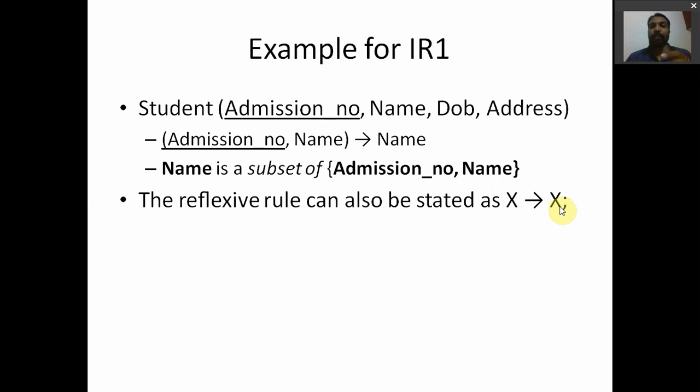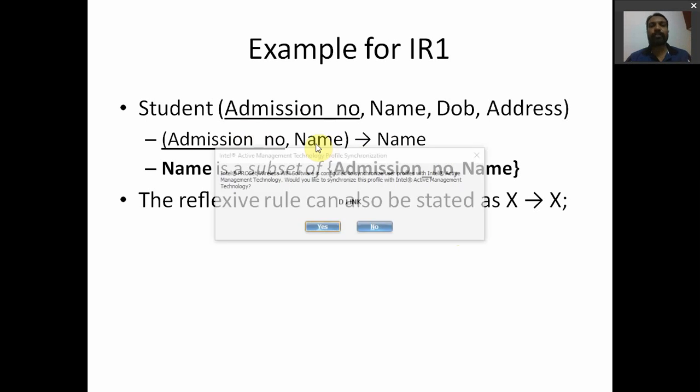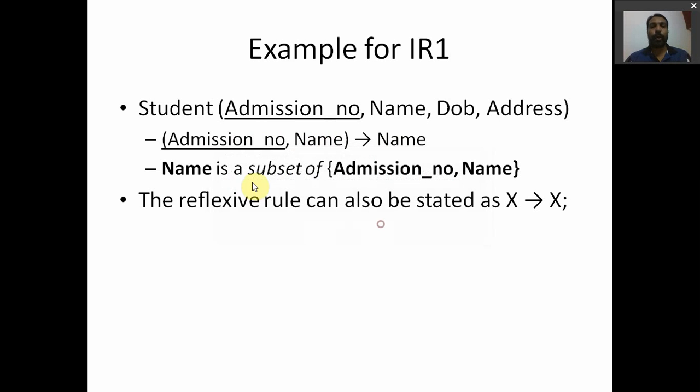That is, a particular attribute or a particular set of attributes functionally determines itself. That is, admission number functionally determines admission number. So this is known as the reflexive rule. Here, name is a subset of this, so this functional dependency will definitely hold in this relation.